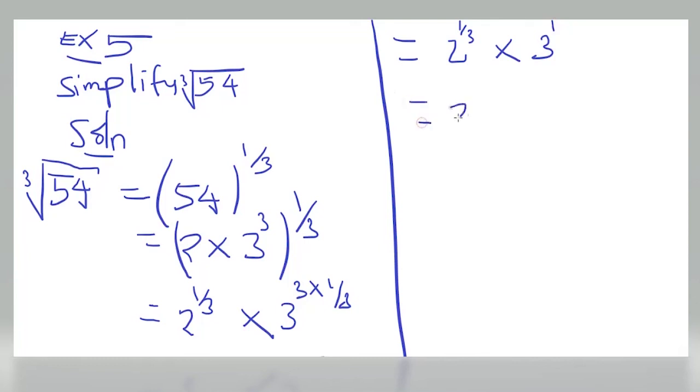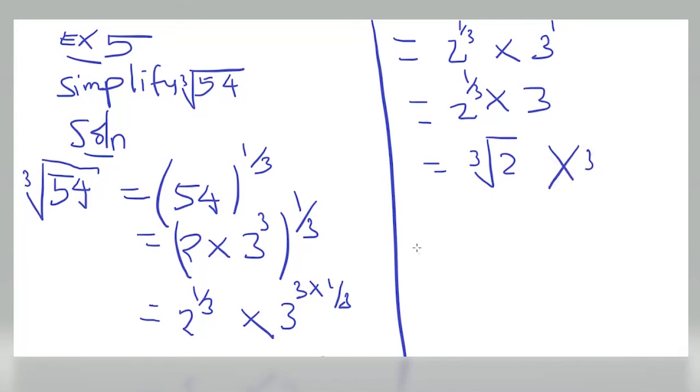Now this one will be equal to 3 power 1 times 2 power 1 over 3, because a number power 1 is that number. Therefore, I can write this as 3 times the cube root of 2.